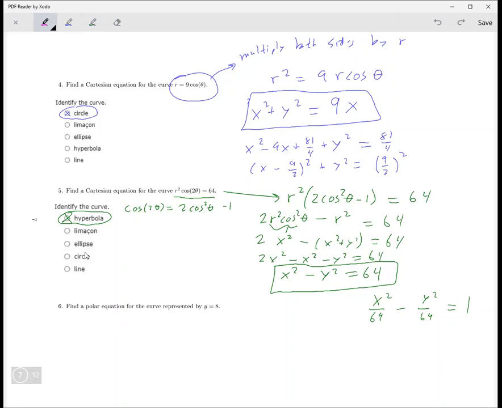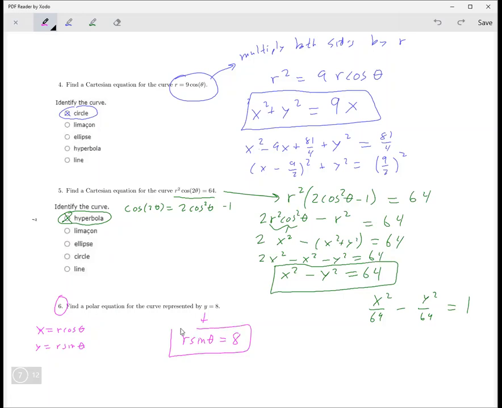Okay, so number 6. Find a polar equation for the curve represented by y equals 8. So here we're supposed to find a polar equation. When you have a Cartesian equation, you just use x equals r cosine theta, y equals r sine theta to convert. So this is pretty straightforward. Just plug in. Everywhere you see a y, you replace that with r sine theta, and then you're done.